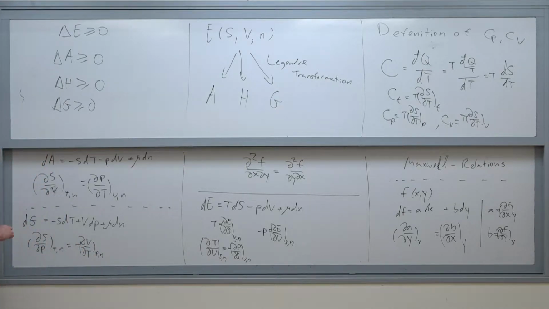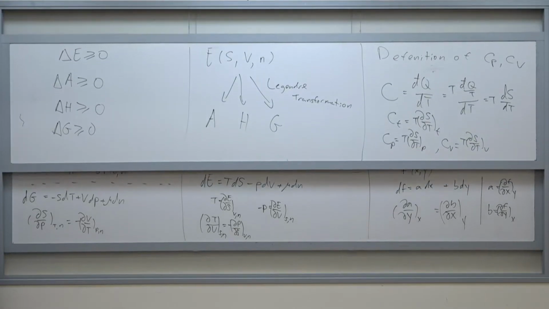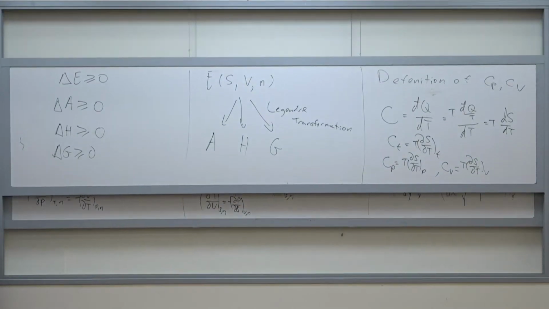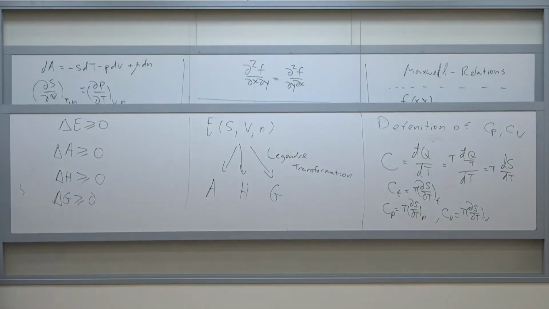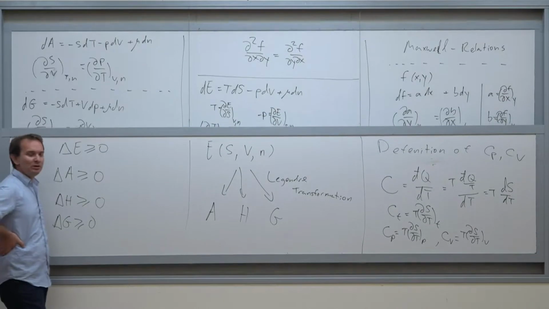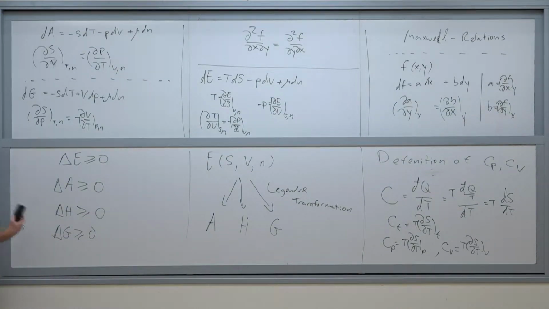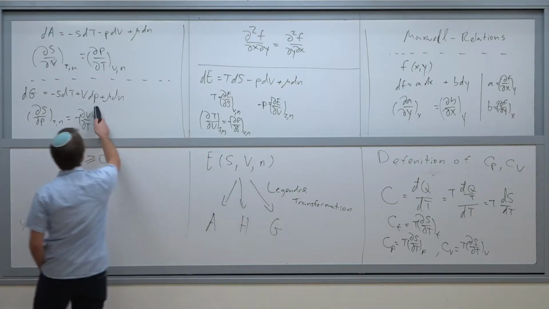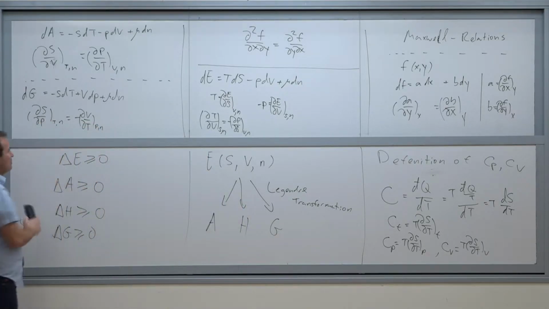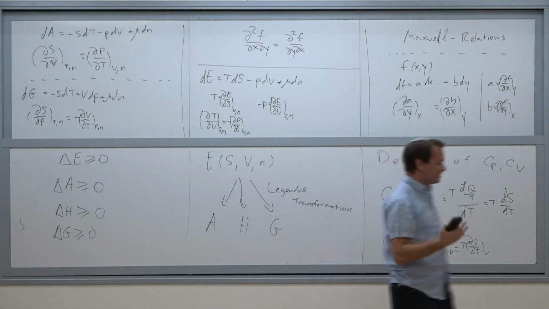Now I can continue this game all day long, performing Legendre transformations and establishing relations between different quantities and different derivatives. Yes, you can go measure this and then obtain something about entropy, but in itself it's not always very informative.